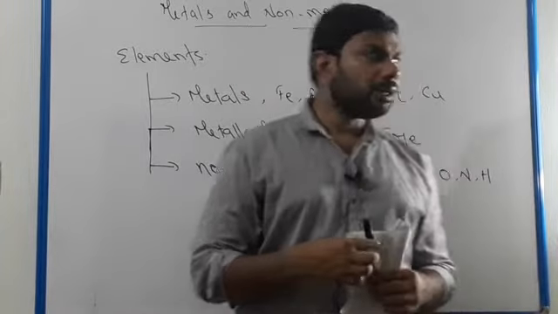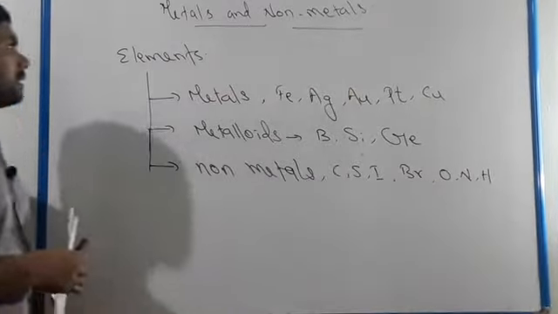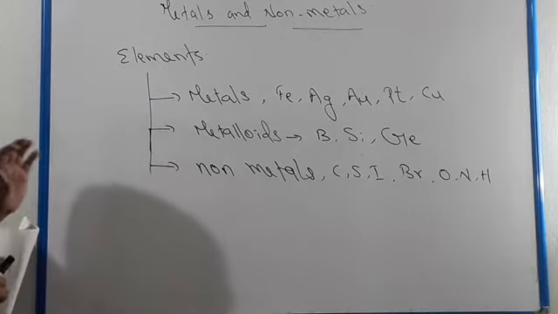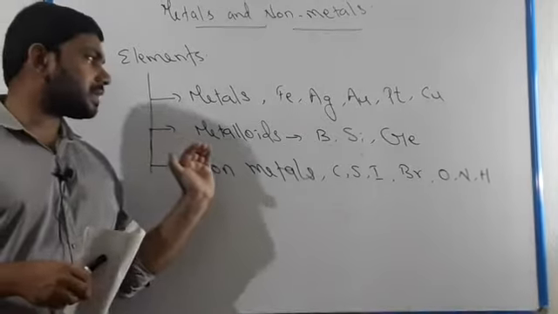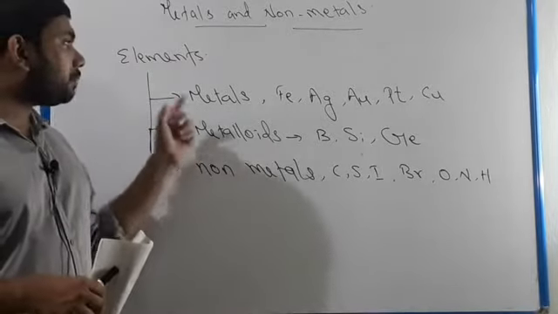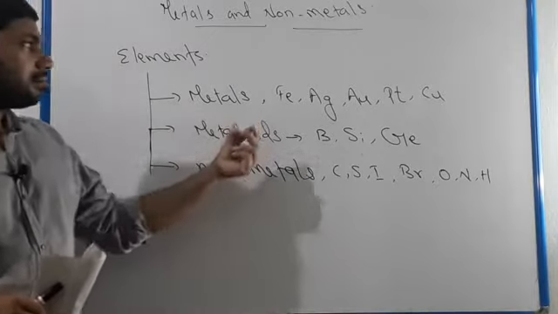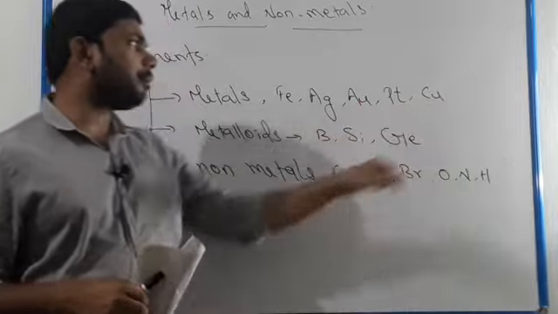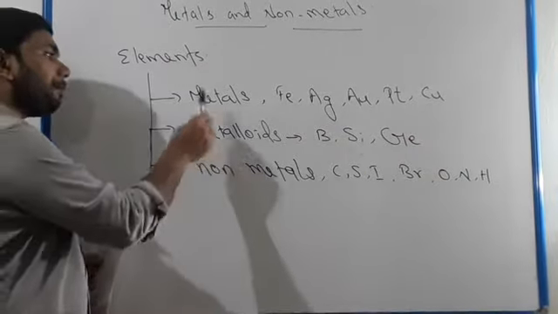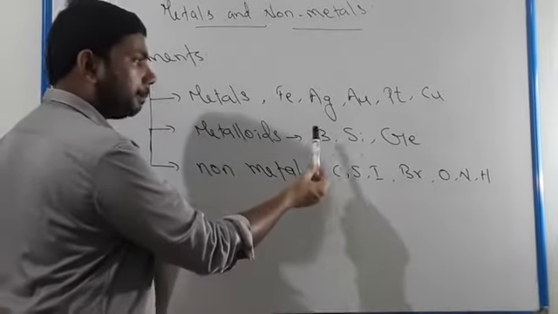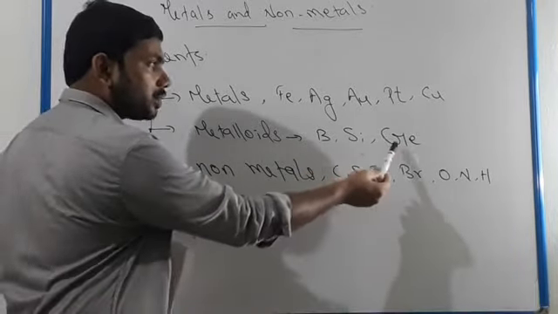Now see here, these are the major classifications of elements. We can classify them as metals, metalloids and non-metals. Examples of metals: iron, silver, gold, platinum, copper. Examples of metalloids: boron, silicon, germanium.